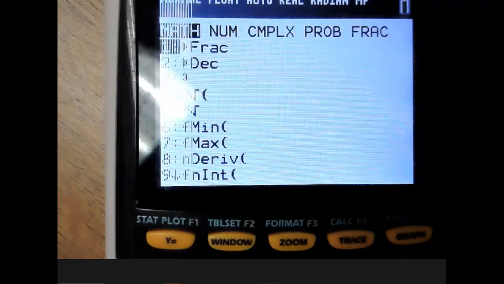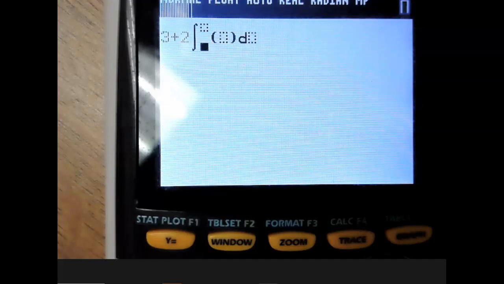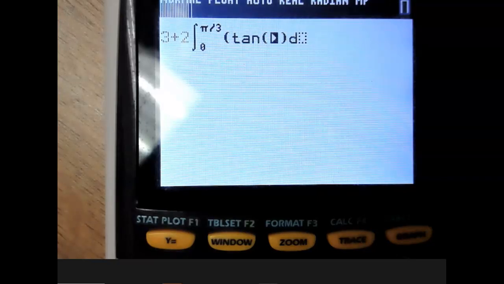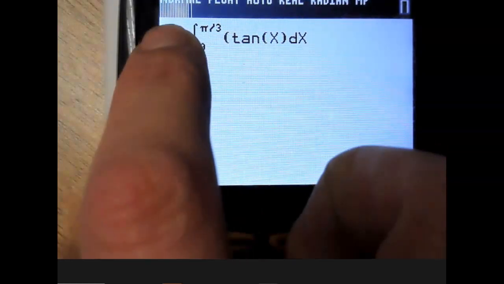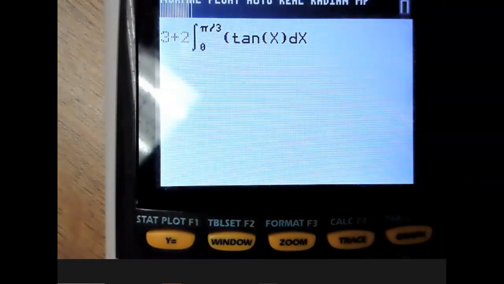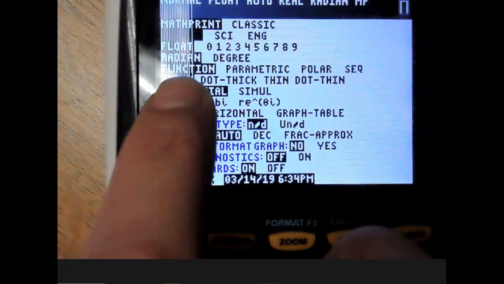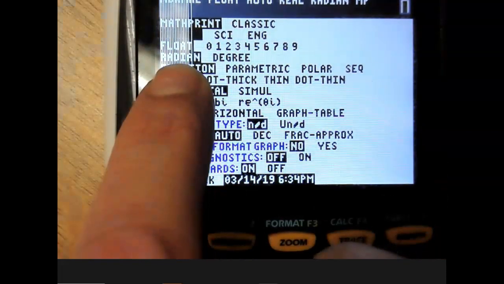Now you're going to hit math 9. Type in your integral from 0 to pi thirds of tan. And the one thing you need to make sure of is, since this is a trig function with radians, you need to make sure the mode on your calculator is also in radians.